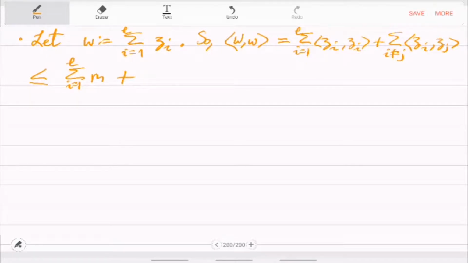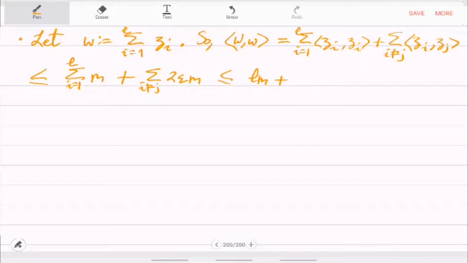And the zi, zj inner product for different i, j will come out to be 2 epsilon m, which is less than or equal to, so you get mL plus 2 epsilon m times L square.